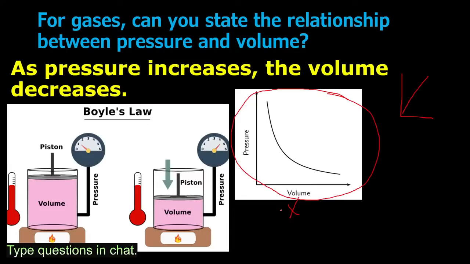Can you state Avogadro's law? Well, Avogadro's law says that if you have gases that are at the same temperature and the same pressure, they will have the same number of particles when they have the same volume. So you can see right here, we have same temperature, same pressure, and we have the same number of molecules.